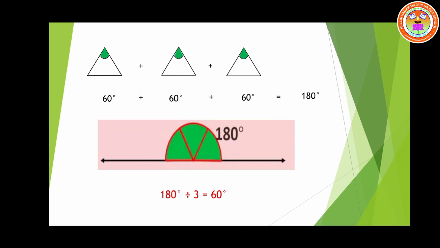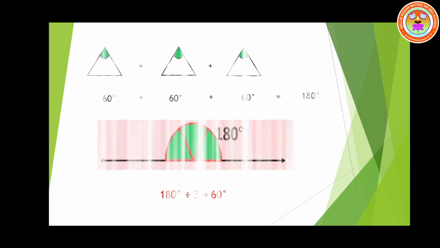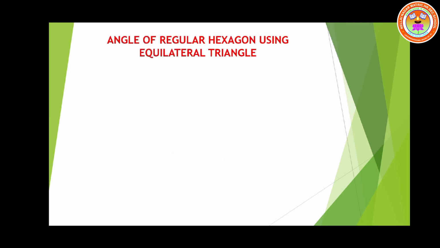Clear, children? Okay. Now we will move on to the next topic: angle of a regular hexagon using an equilateral triangle. We are going to use the equilateral triangle and find the angle of a regular hexagon. Before that, let us recall what a hexagon is.